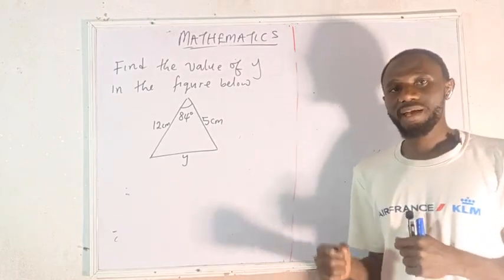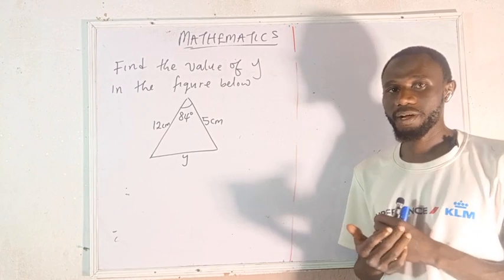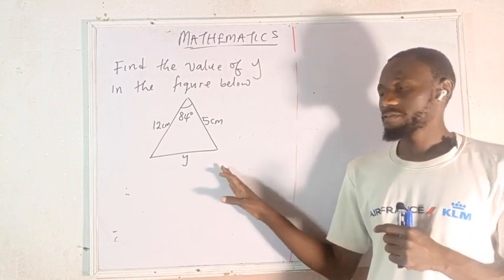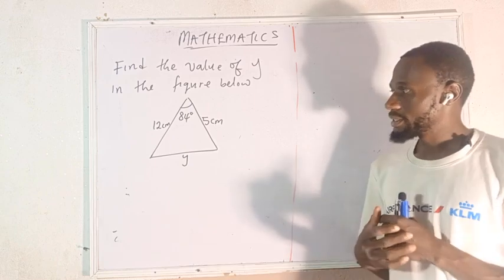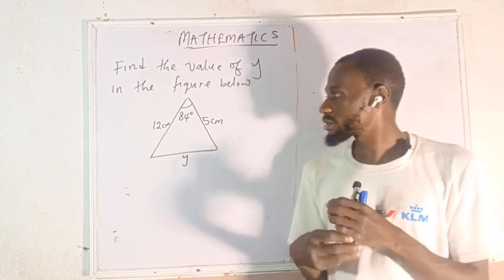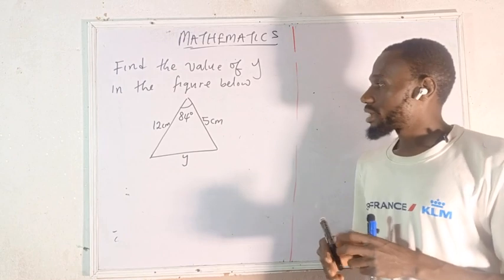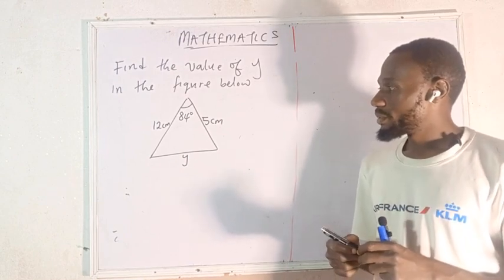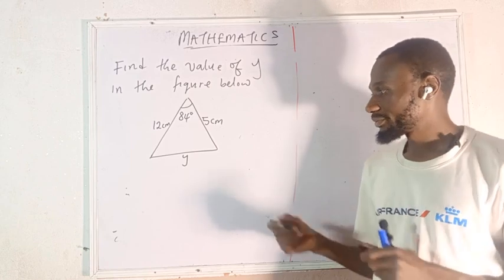In this video we are learning how to find the value of y given the figure, and in this case we are going to use cosine to solve this problem. Let's use cosine.